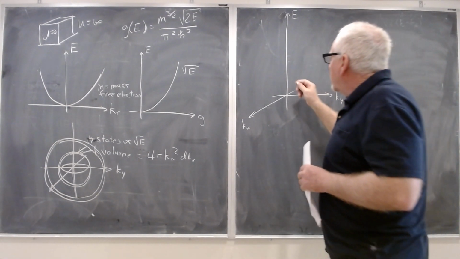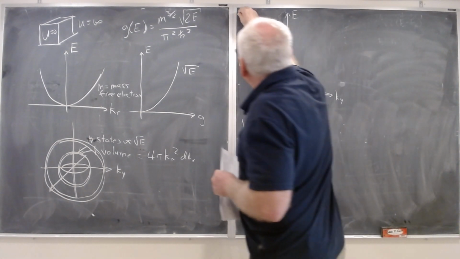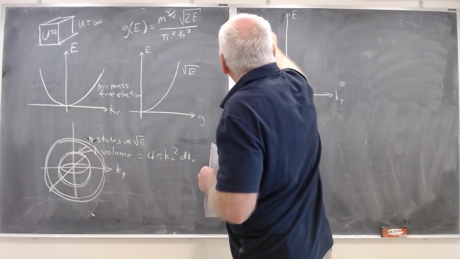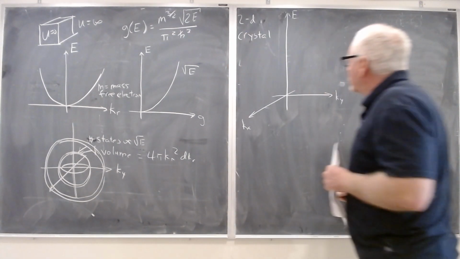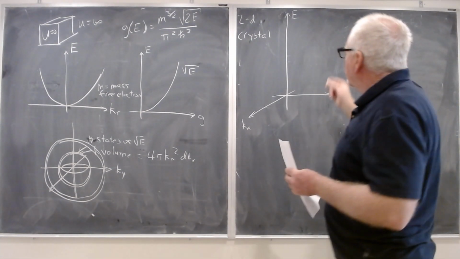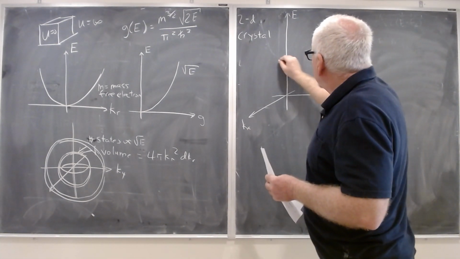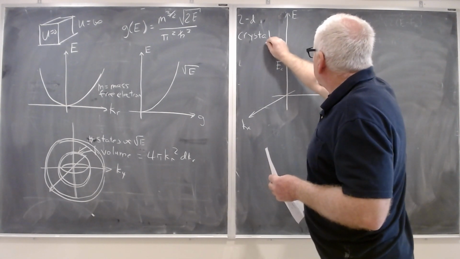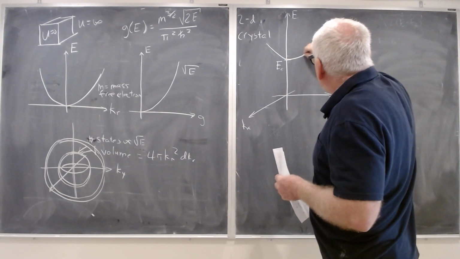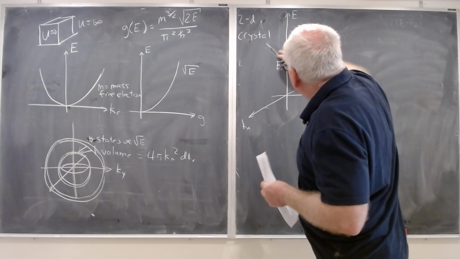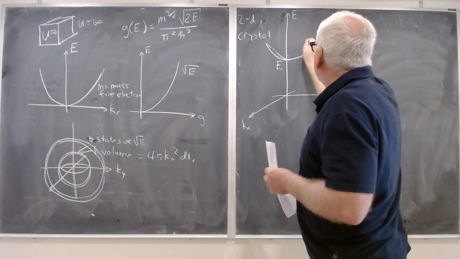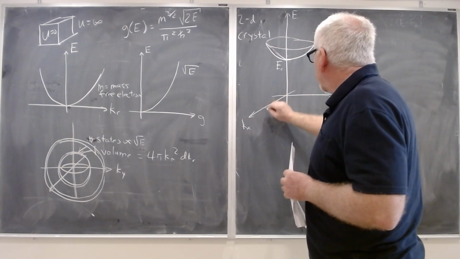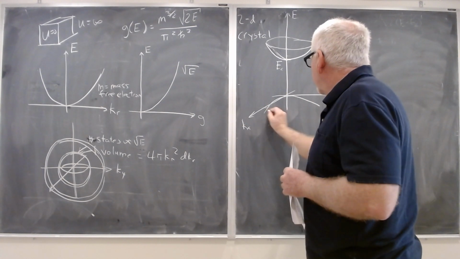And so for a 2D crystal, you can draw an actual band structure, and it would look like a bowl in this coordinate system I'm drawing. And the valence band would look like an inverted bowl.